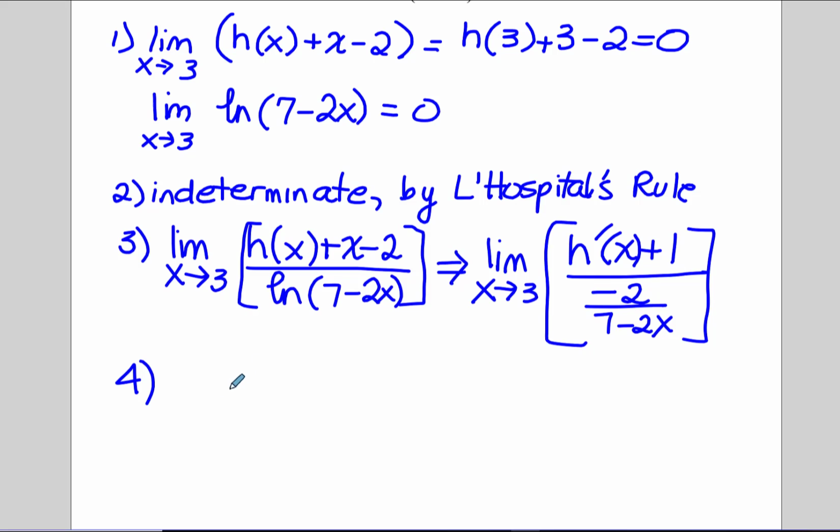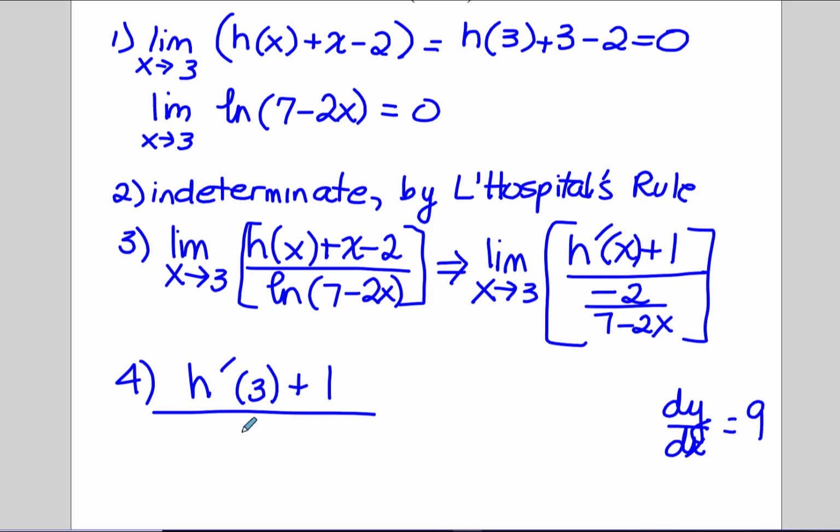So now we can substitute. We had our value for the derivative. Let's write that down. dy dx is 9. And h prime of 3 plus 1 divided by negative 2 divided by 7 minus 2 times 3.